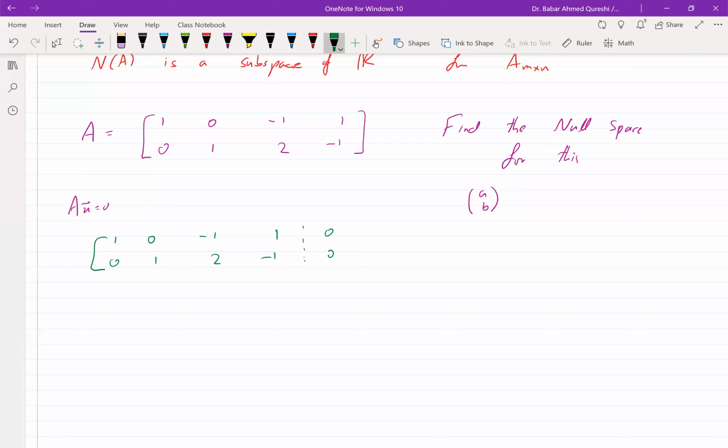Now the left-hand side is already in reduced echelon form, and x3 and x4 are free.